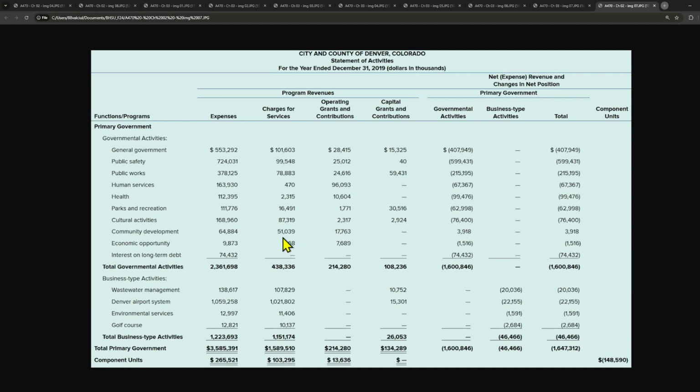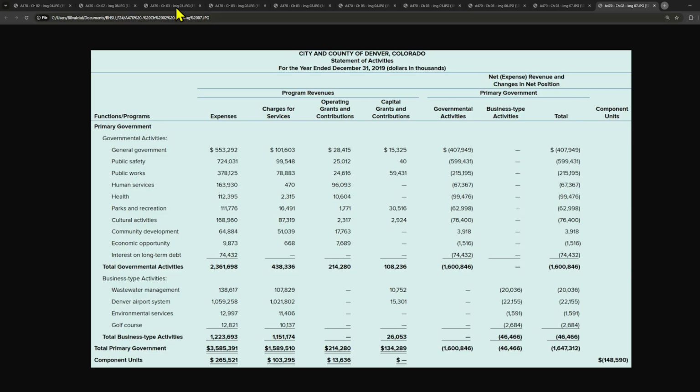So maybe that's theater, I don't know, or maybe those are community college or something like that. So maybe they cover their contributions, but most everything else, public safety, police department, public works, all those other things, they don't cover it. Now, that's not to say they go unfunded or they have shortfalls.